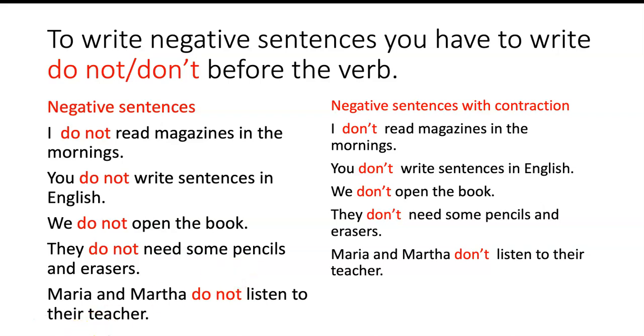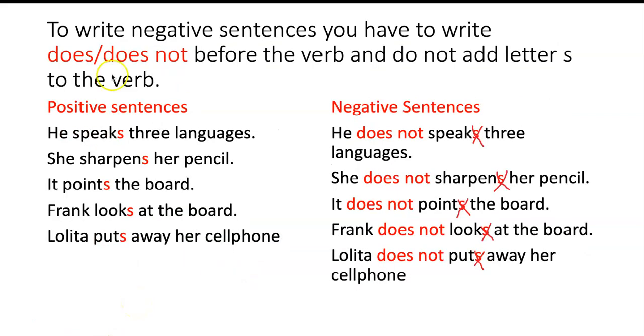Okay. Now here. To write negative sentences, you have to write does or does not before the verb and do not add letter S. Okay, so you have to write does not.